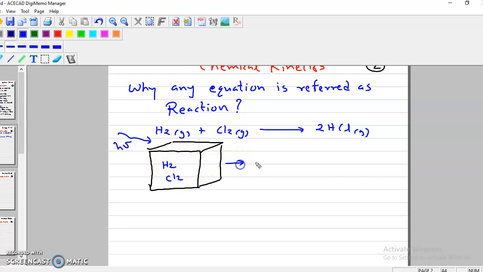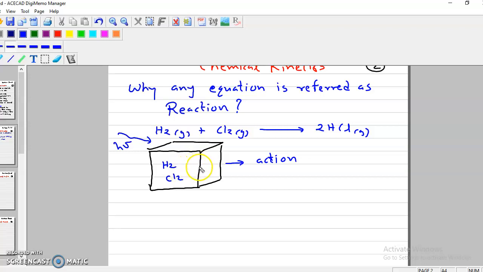So this is action. Action means we combine hydrogen and chlorine, we provide a box, we provide light. Giving these three conditions, specific conditions, and when we combine different chemicals, then they do something, that is called reaction.